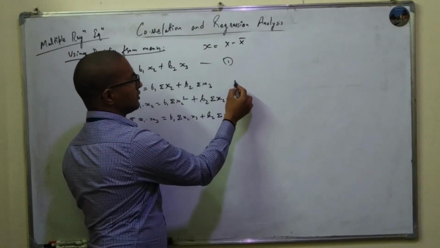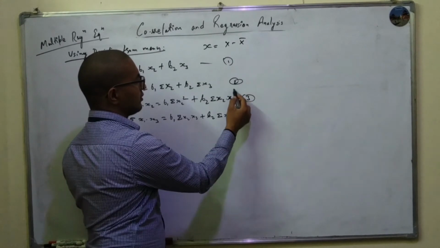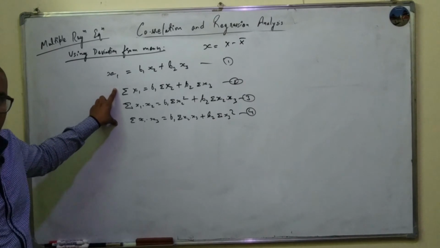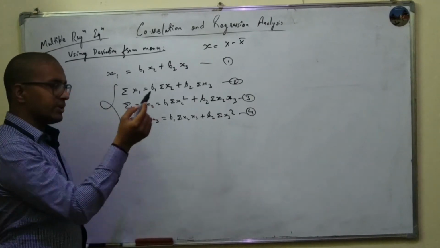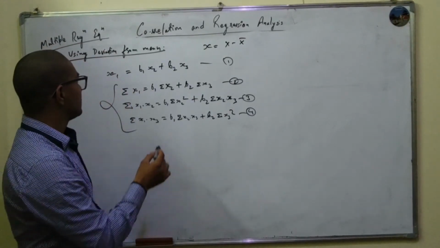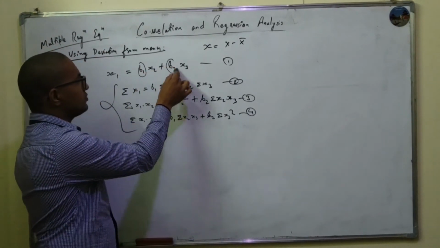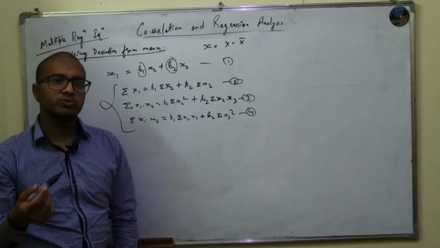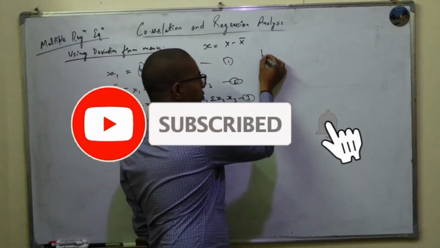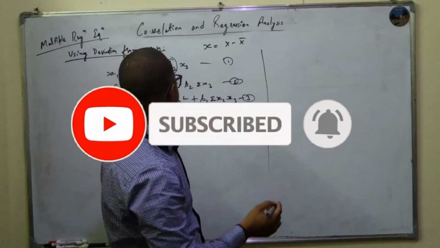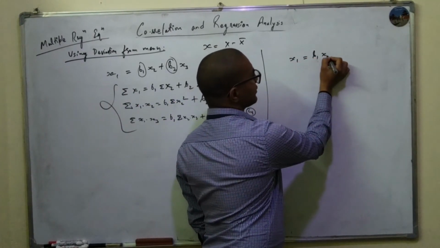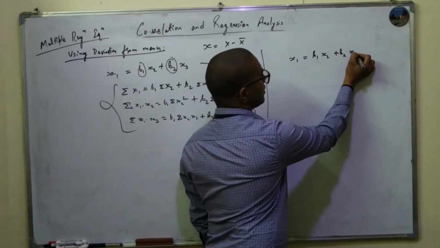So this will be our equations: first, second, third, fourth. After this, we put in the values in these three equations and use our matrix method to find b1 and b2. The only difference is when we are opening. Suppose x1 equals b1 x2 plus b2 x3.